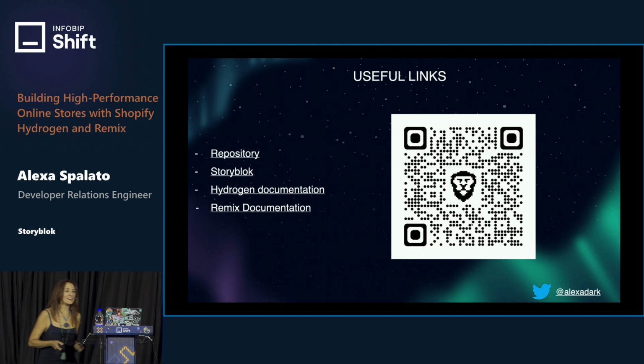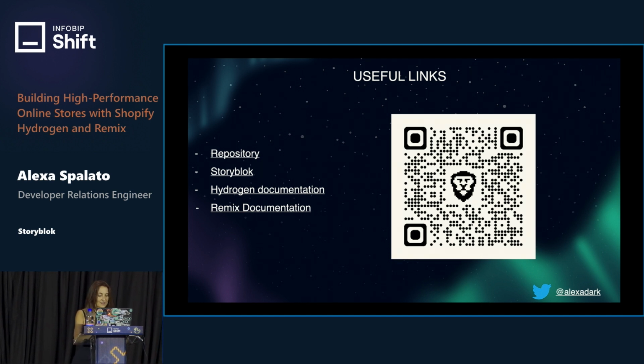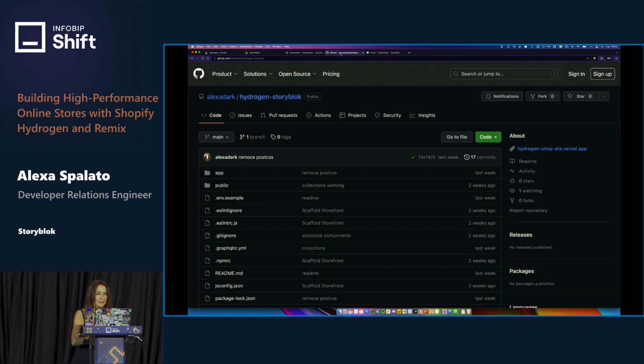So you can grab the slides here and have access to the repository. I'm going to show you the link to the repository, I forgot. So you can scan this, and this is the repo here. Yeah, so it's very small, I think.